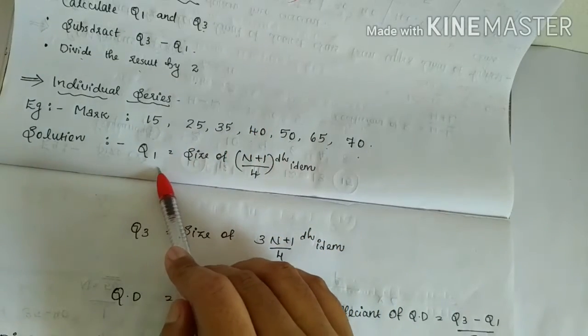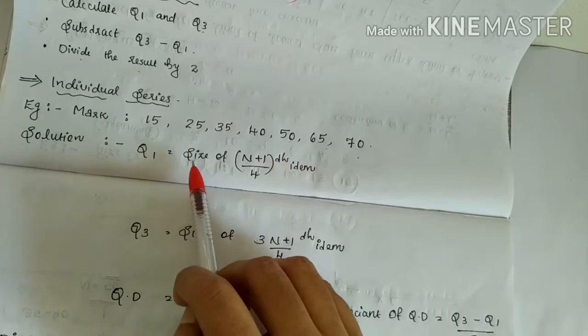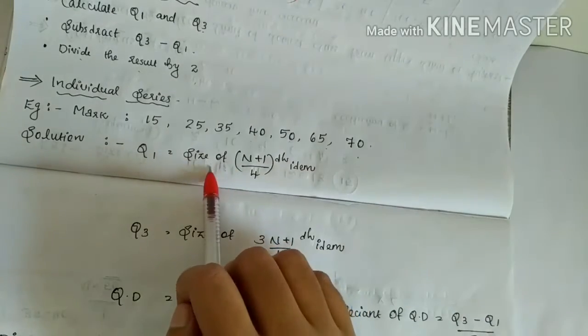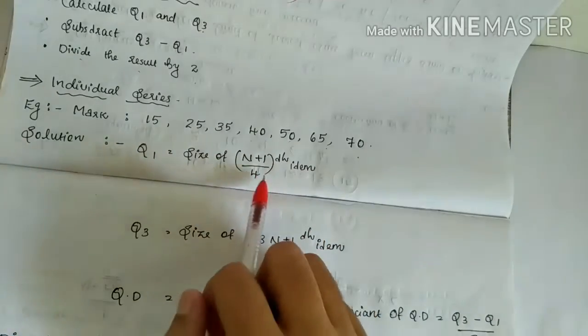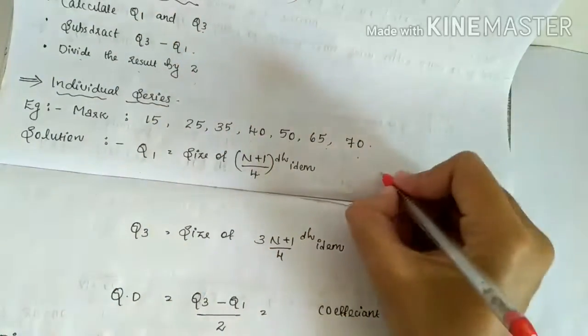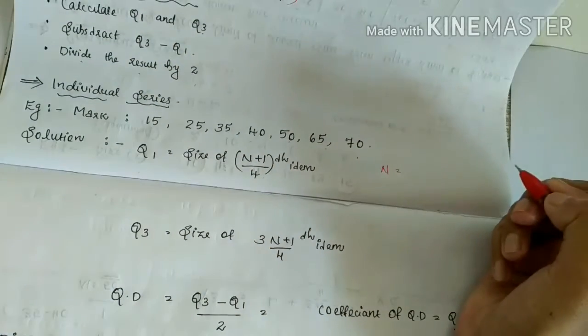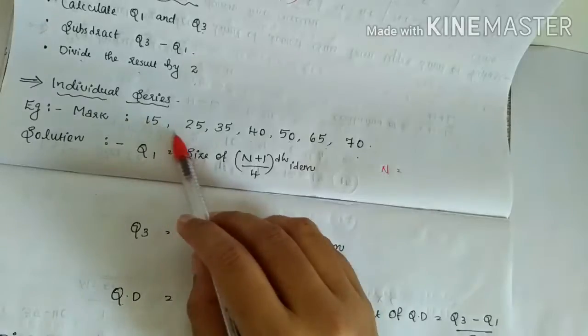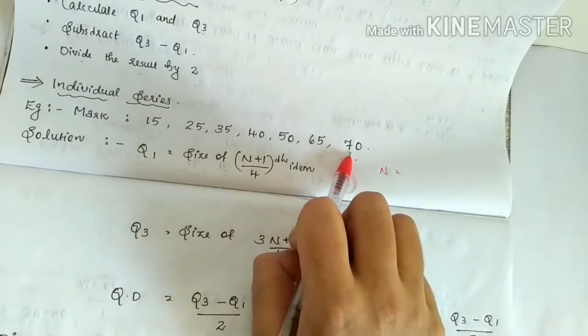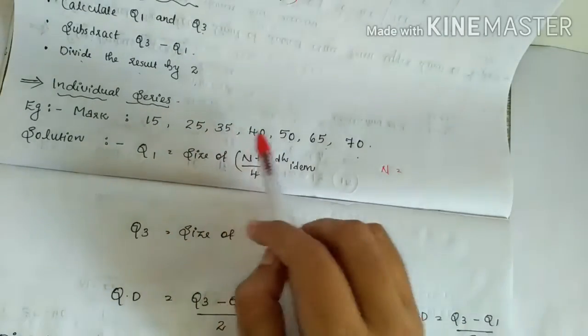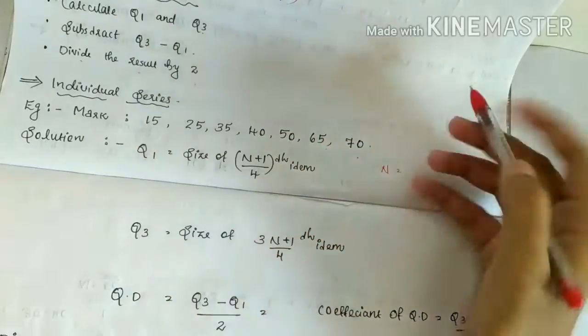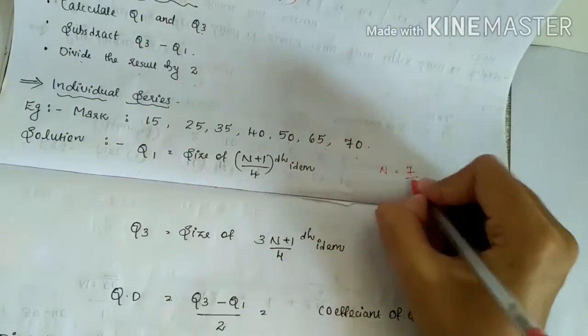Then find out Q1. Q1 is found using this equation: size of (n plus 1) by 4th item. Here, first we have to find the value of n. N means the total number of observations given in the series. Here 1, 2, 3, 4, 5, 6, 7. N is 7.